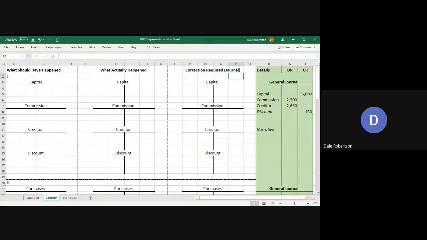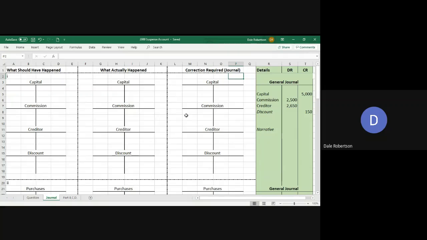One ticket, a private holiday for two. One ticket was given to a salesperson as part payment for sales commission for the year, and the other to an advertising firm as payment in full of a debt of 2,650. The key phrase at the end of this, no entry has been made in the books. No entry has been made in the books means that that is an error of omission.